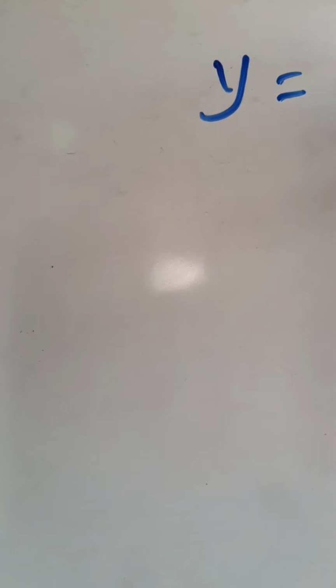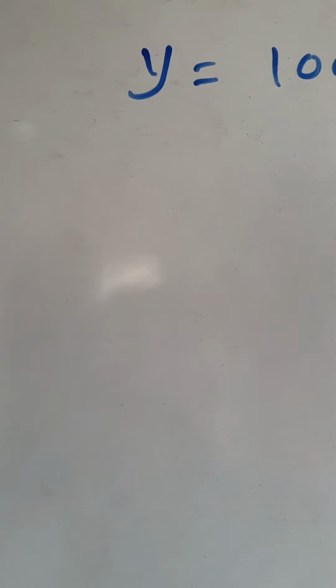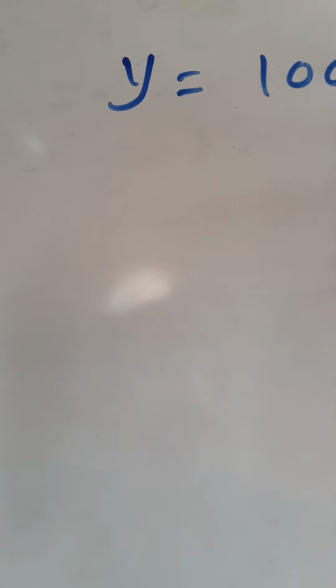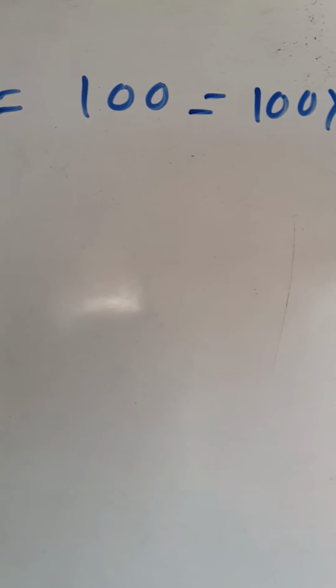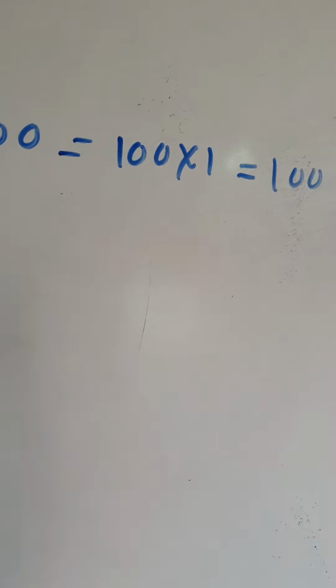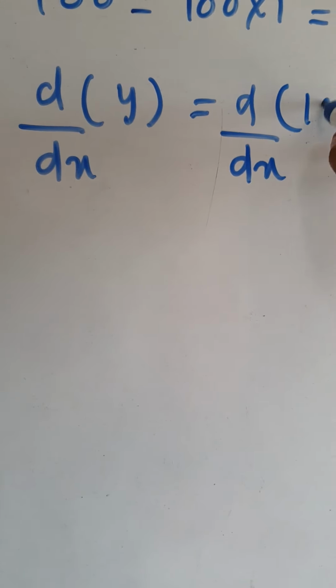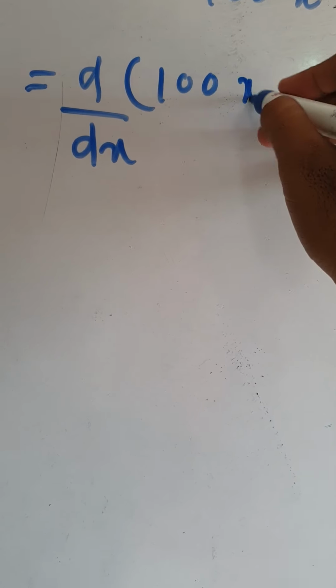Suppose now y is only a number, not a function. y is equal to, suppose, 100. It's only a number, so how can we say y is a function of x? So you make y a function of x. Therefore, 100 into 1, or you can write 100 x to the power 0. So d by dx of y, in this case, is d by dx of 100 x to the power 0.